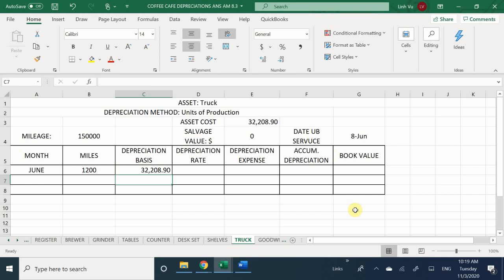And how do we determine the rate? Asset divided by the units produced. So that would be 7 divided by the 1,200? No. Produced, so 12.